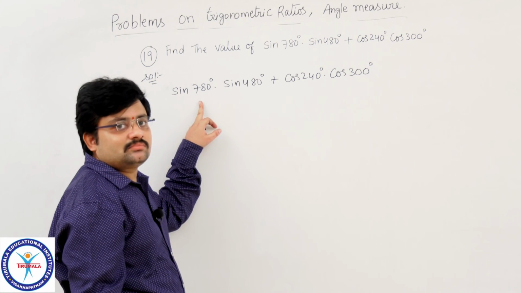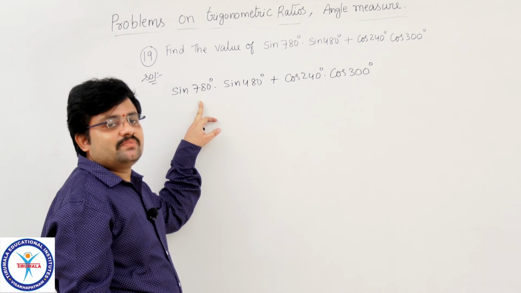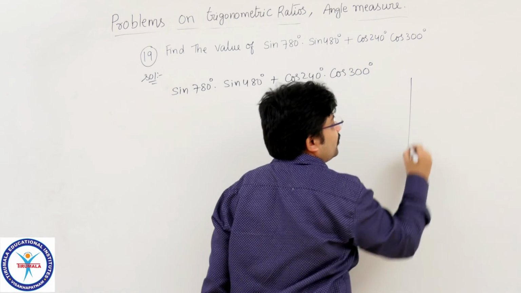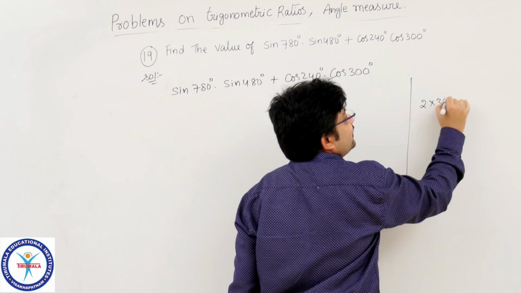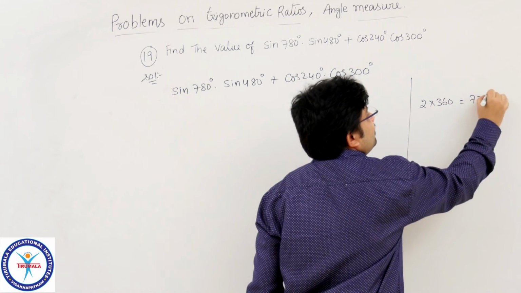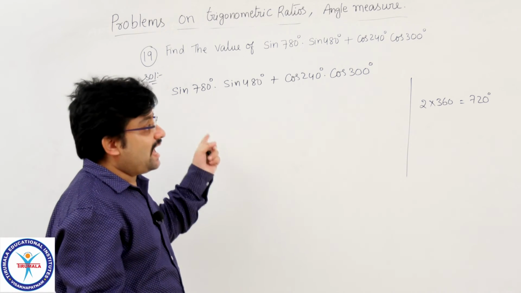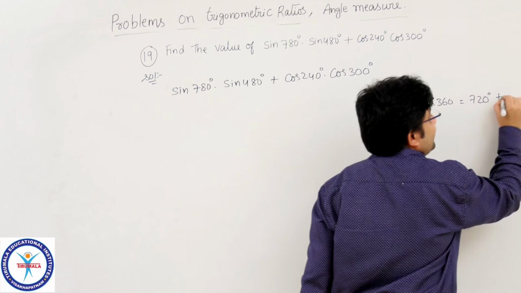780 degrees means it is making 2 complete rotations. Here 2 into 360 is 720. That means for 780 degrees it completes 2 rotations and makes an extra 60 degrees.